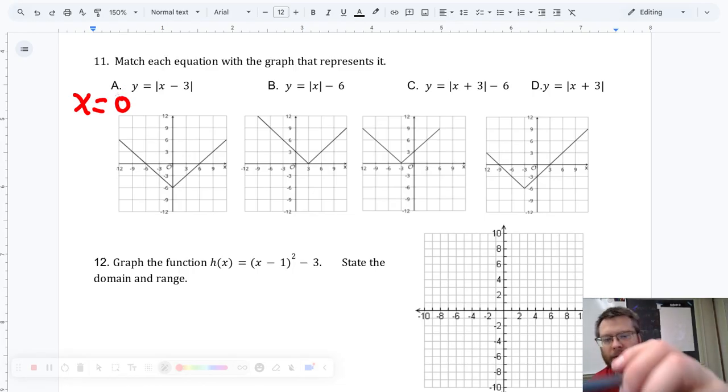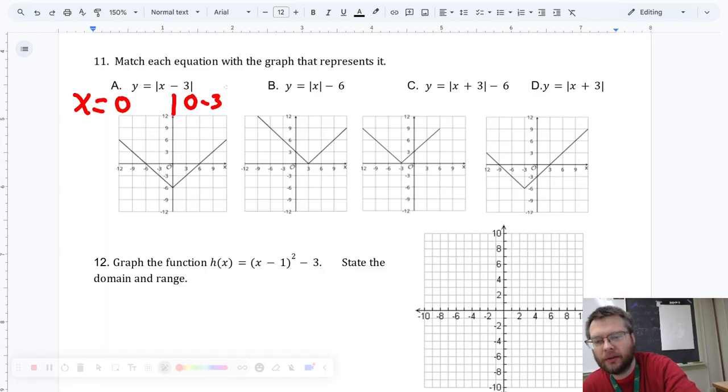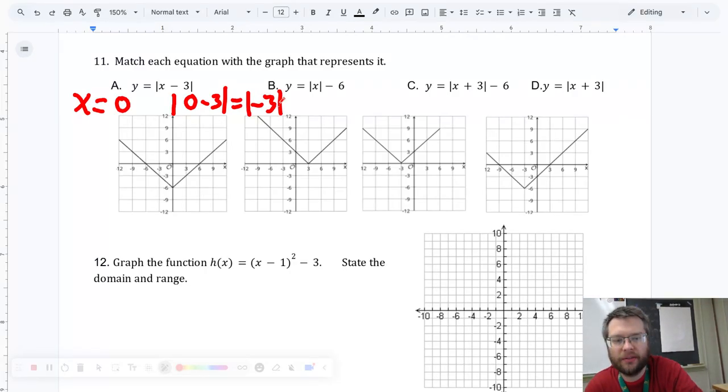And let's see what happens. For the first equation, I go 0 minus 3. Think about what 0 minus 3 is. That's negative 3. And then the absolute value of negative 3 is positive 3.